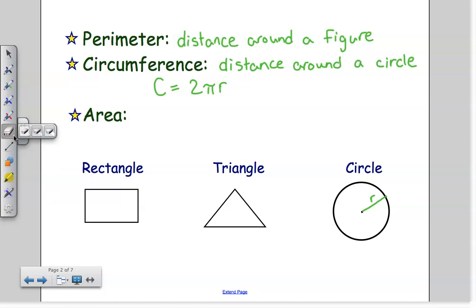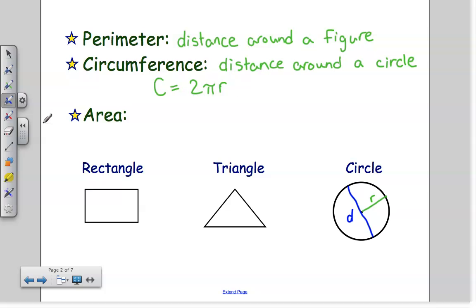What is the term given to any chord that goes through the center of a circle, so it goes all the way across? This is called a diameter. The diameter is the same as 2 radii put together.